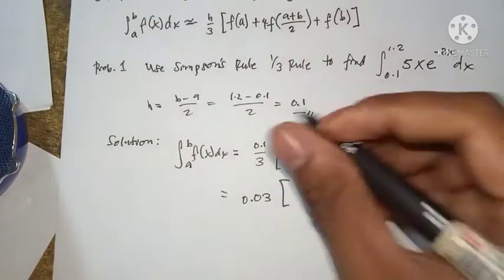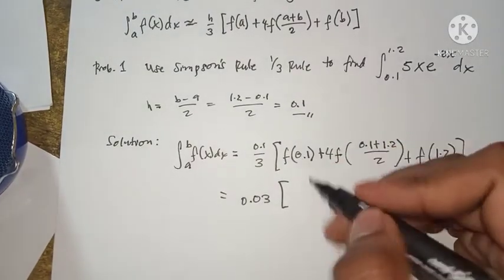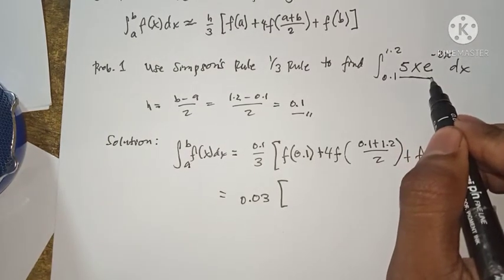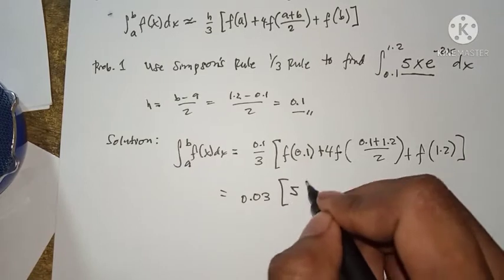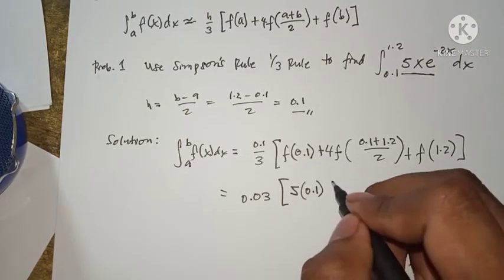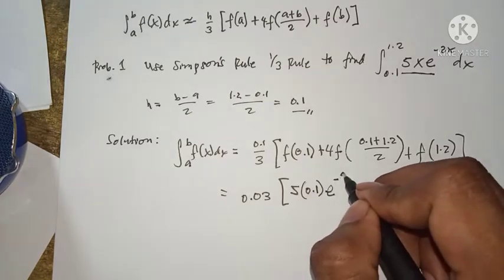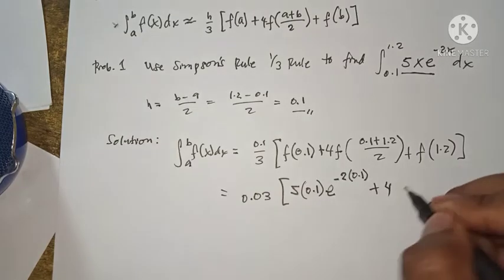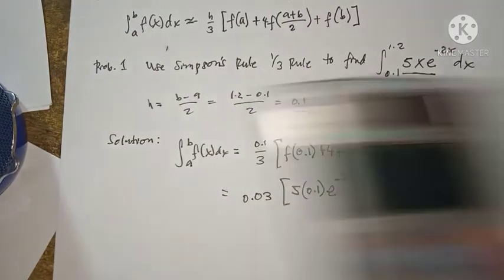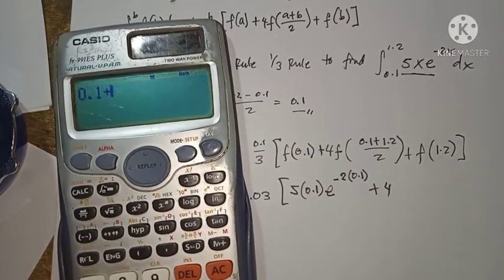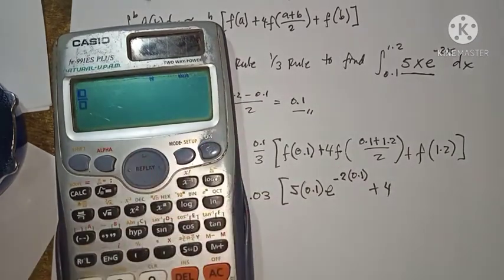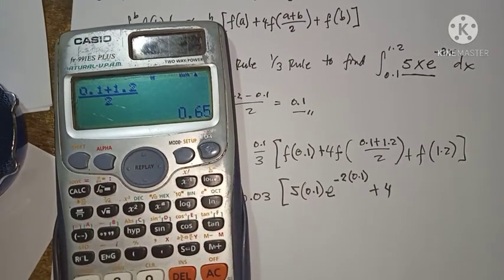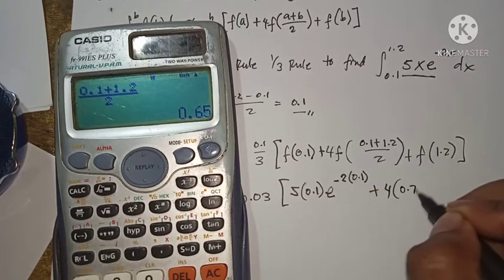Okay, so let's substitute into the function of x. Our function is 5x e raised to negative 2x. So 5 times x, which is 0.1, times e raised to negative 2 times 0.1. Plus 4 times the function at (0.1 plus 1.2) over 2, which is 0.65 or 0.7.